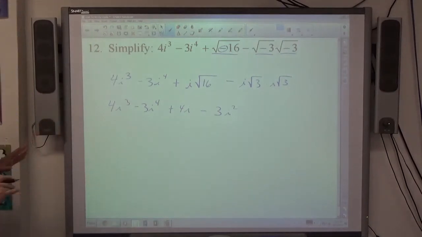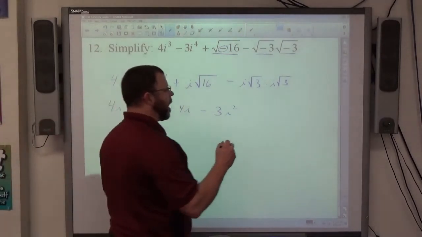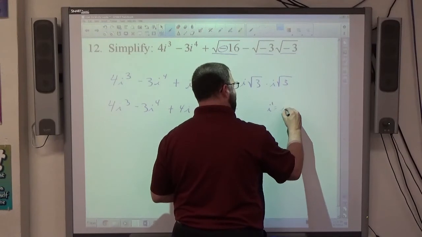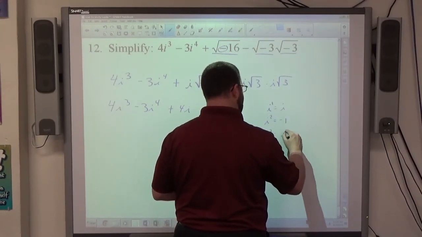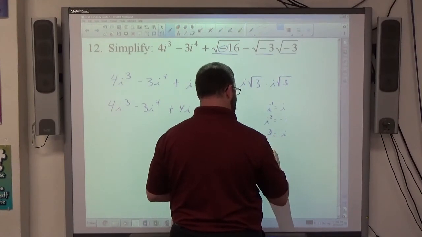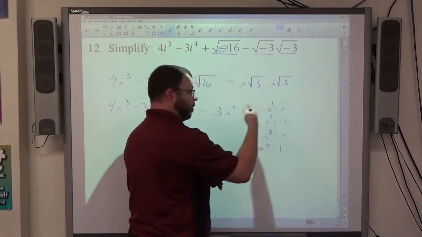At this point, now I'm at a point where everything's either i to the first power, i to the second, third, fourth power. So I've got i's to powers. At this point, I need to deal with the i's. So i to the first is i, i squared is negative 1, i cubed is negative i, and i to the fourth is positive 1. i to the fifth goes back to i.